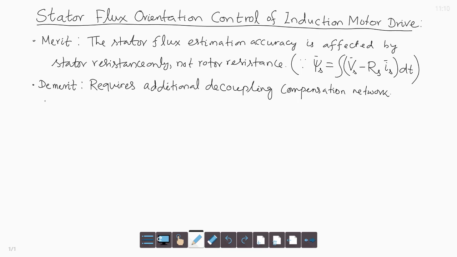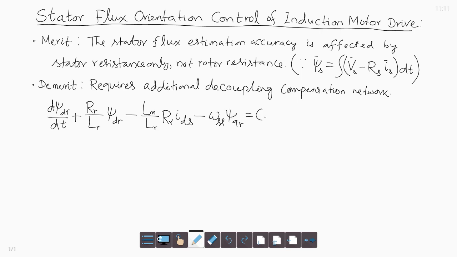As derived earlier, for rotor flux orientation control, for the induction motor model using stator current components and rotor flux components as state variables, we have derived the model, and the rotor equations are: Vdr is d psi dr by dt plus Rr by Lr psi dr minus Lm by Lr into Rr into Ids minus slip speed omega sl into psi qr.